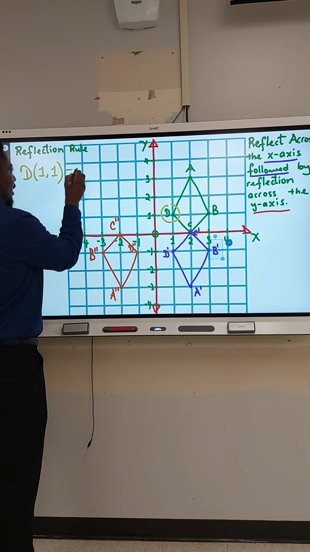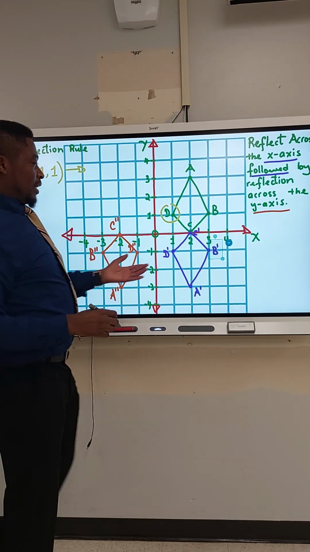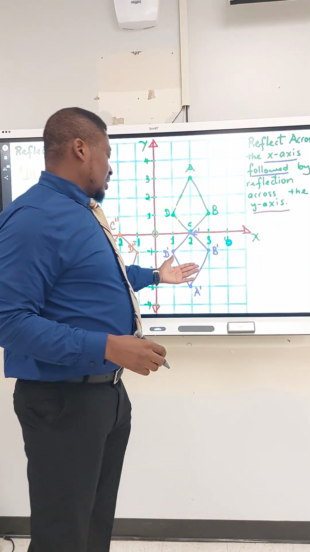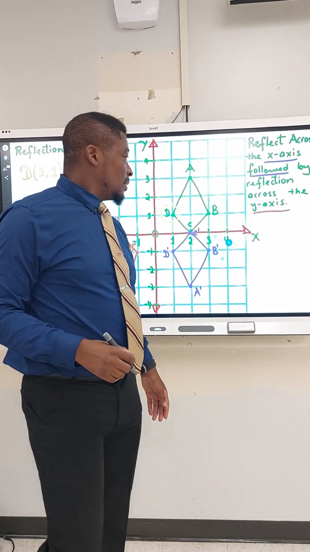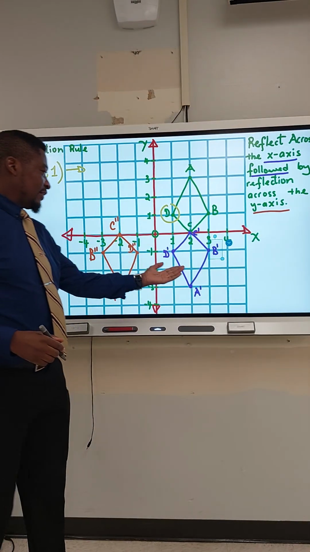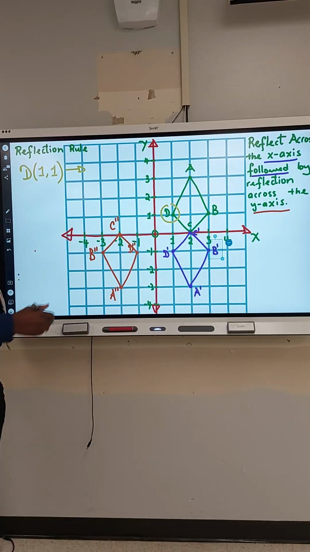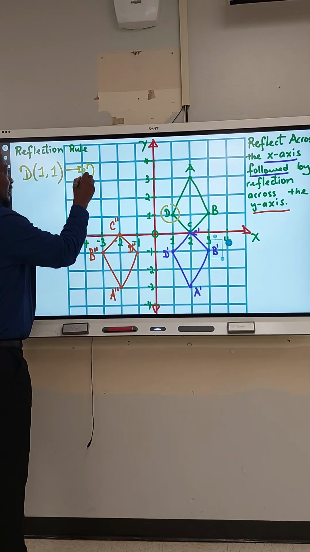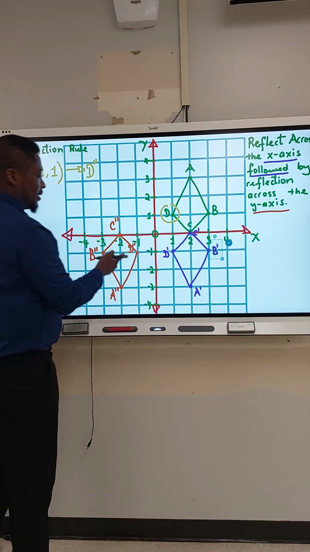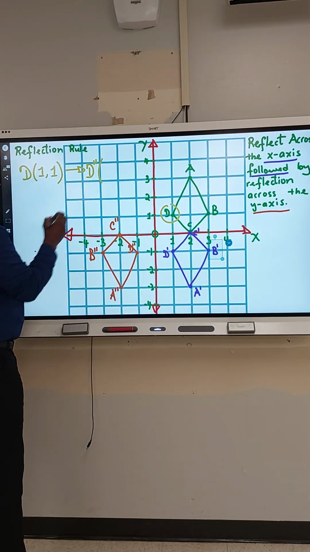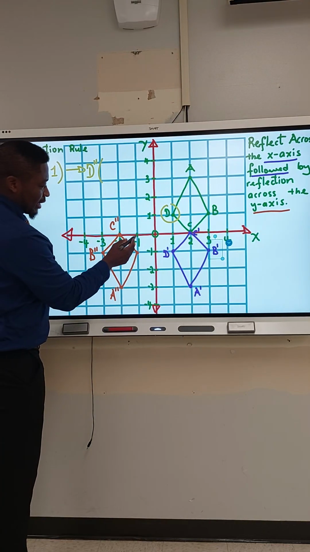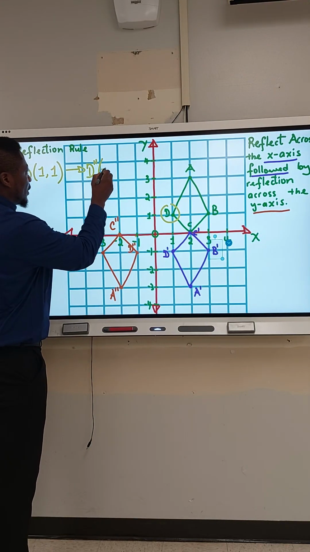And after the successive transformations, that is reflecting across the x-axis followed by a reflection across the y-axis, D became D prime, then D double prime. D became D double prime, which has coordinates -1, -1.